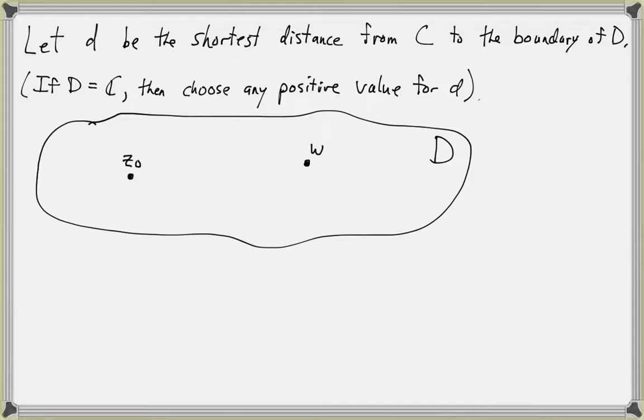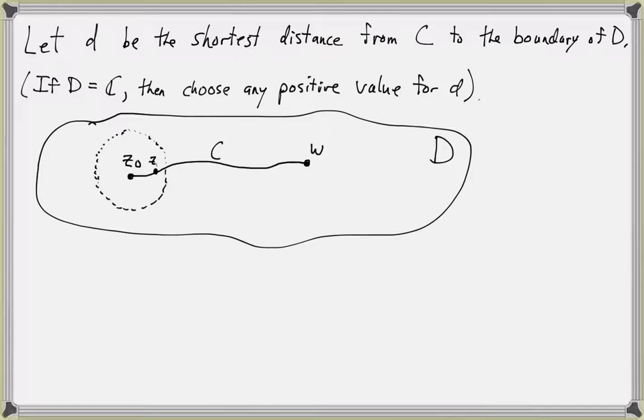It could be a polygonal path, it could be a straight line, but we have a contour C which joins z0 and W. Now d is the shortest distance from the contour C to the boundary of D, so we're going to cover this contour by disks with radius d. So we're going to have open disks centered at points along C that overlap, and so there's going to be points along the contour C.